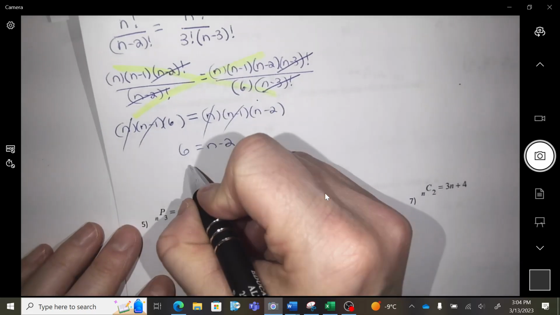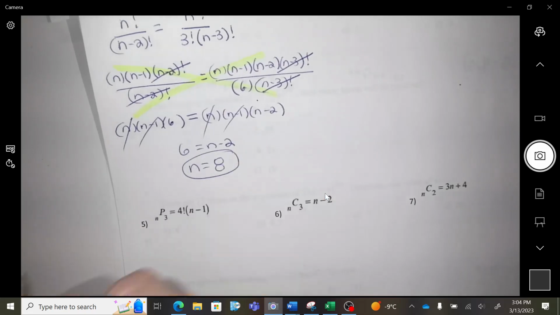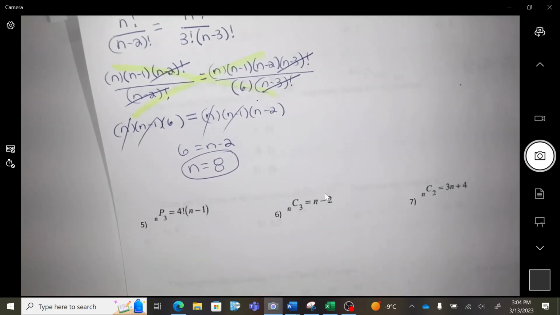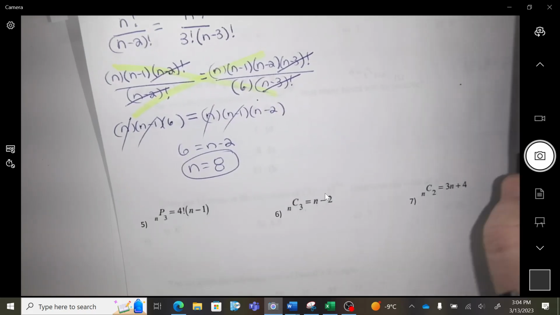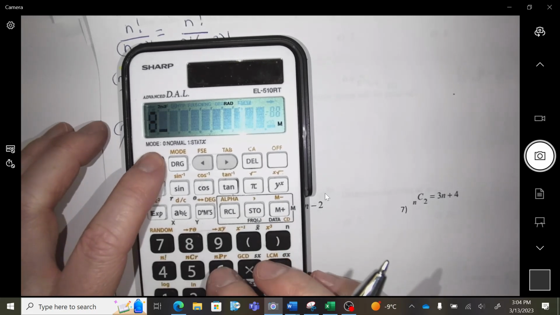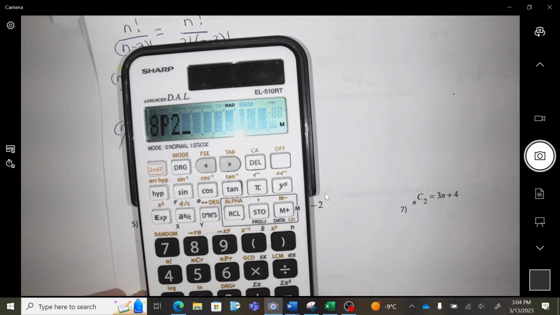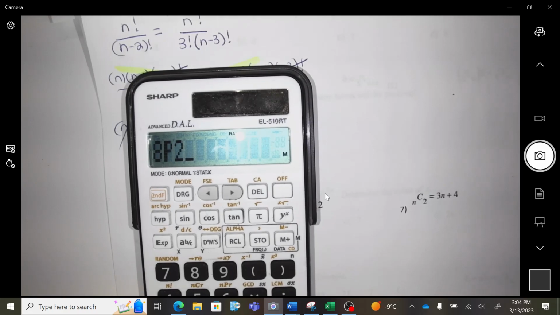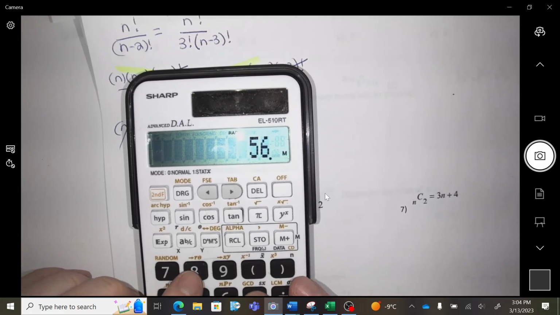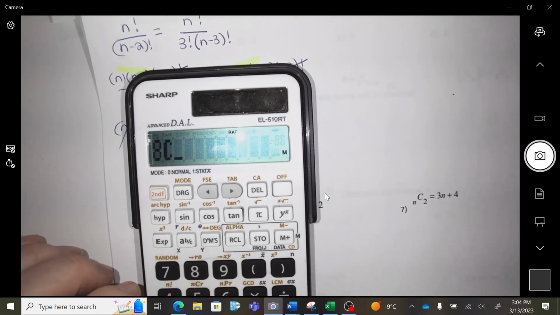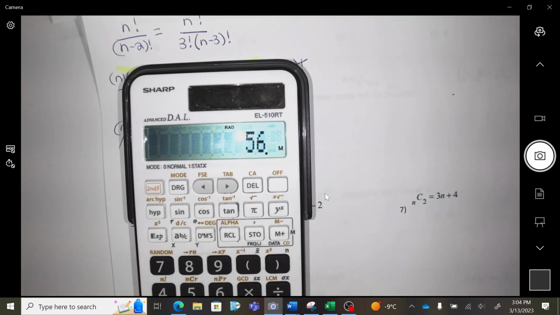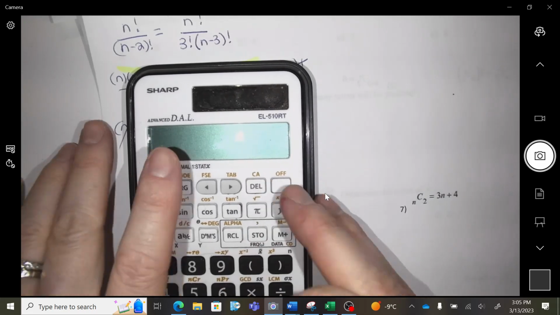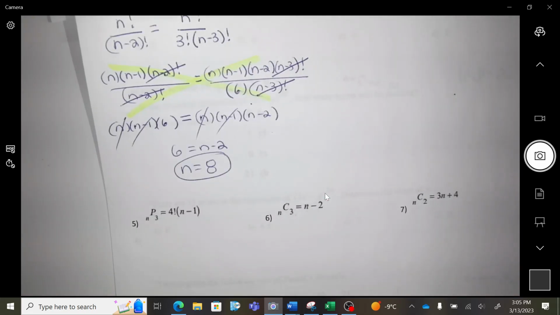So n equals 8. Because I would just add 2, right? I can check it out here. 8P2 is 56. 8C3 is the other one, 56. It worked out. Okay, so your goal today is page 11.